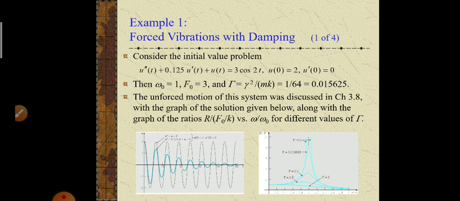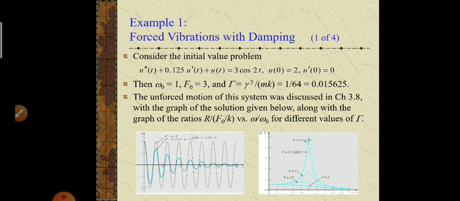So for solving the initial value problem, we put u0 is equal to 2 and u dash 0 is equal to 0. After putting these values, we get omega 0, the natural frequency, is equal to 1. The force which is applied to the system is 3 and the damping factor zeta is equal to 1 upon 64.